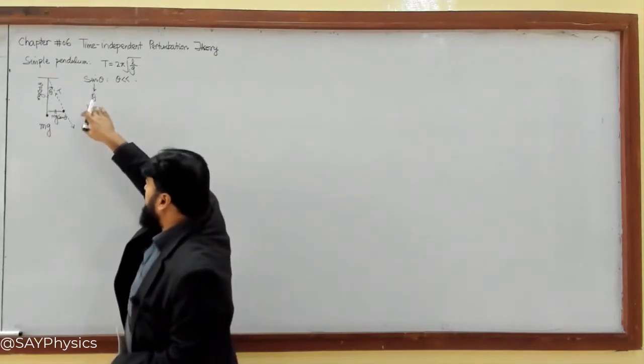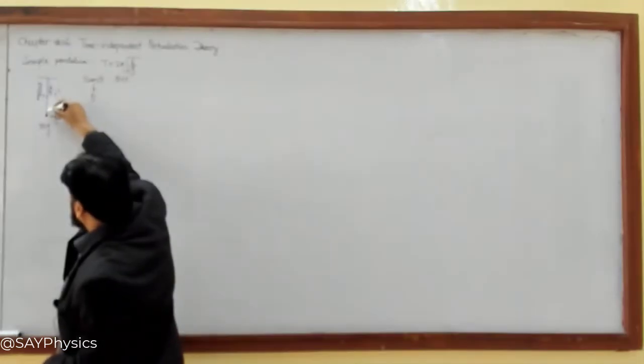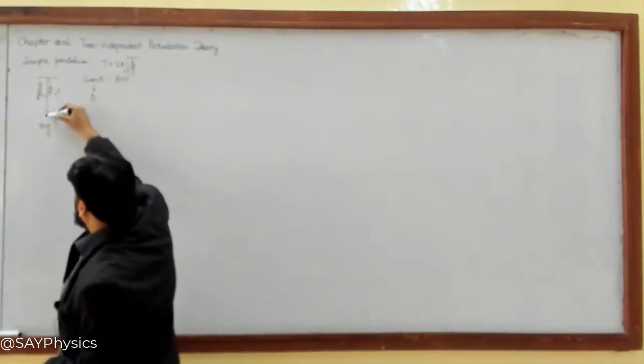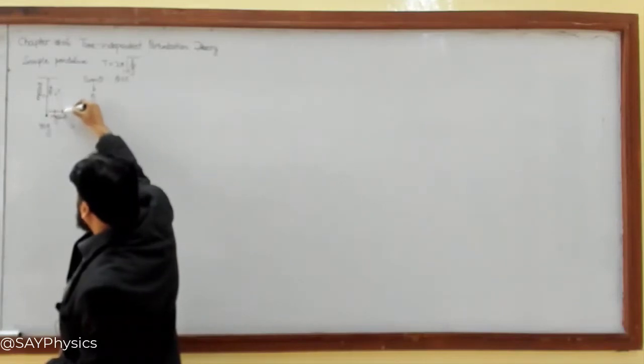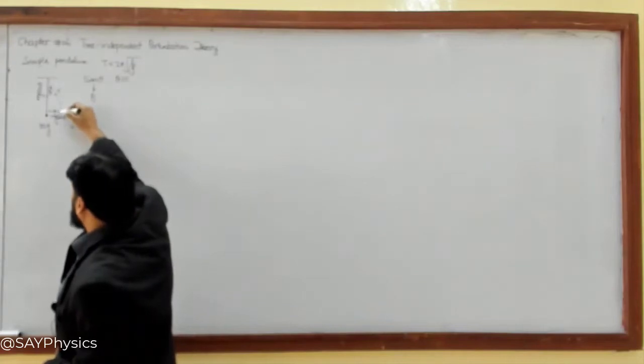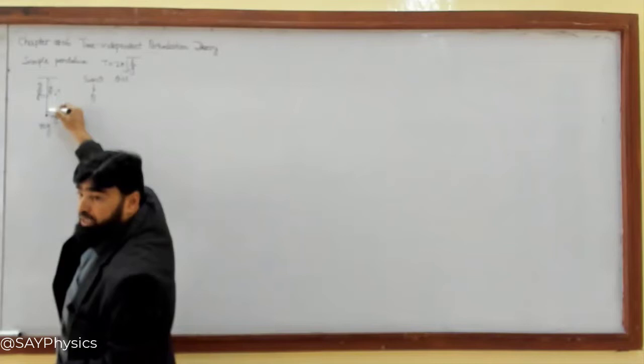After this approximation, if you look at the pendulum, it is going this way, meaning it's an arc, but we consider this arc so small that it almost becomes a straight line.